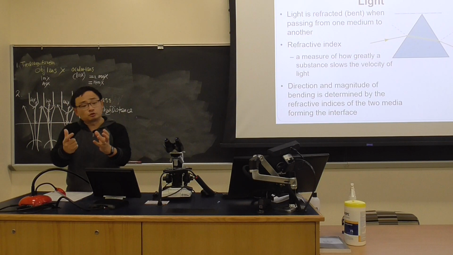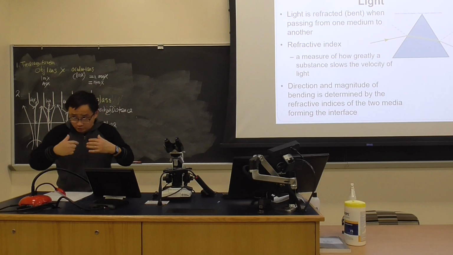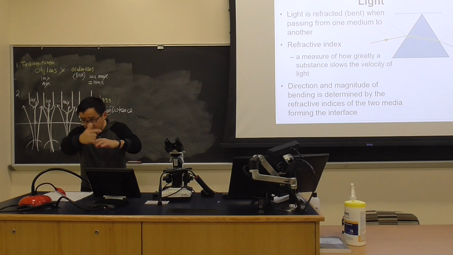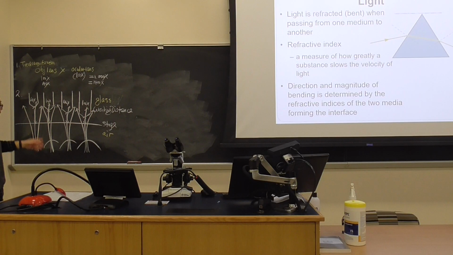You put a pencil in a bottle of water, and watching from the side, you feel the pencil is bent. That's called refraction. And the refraction increases when you change from 4x to 100x.